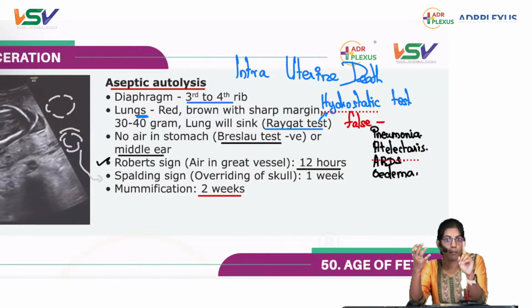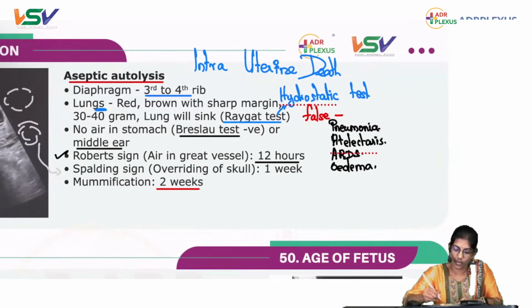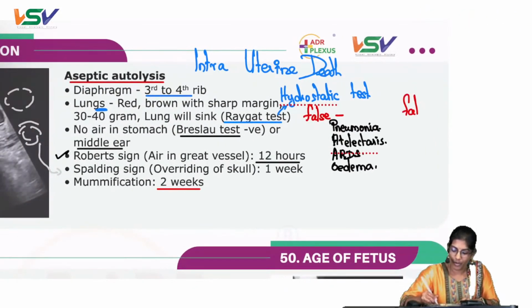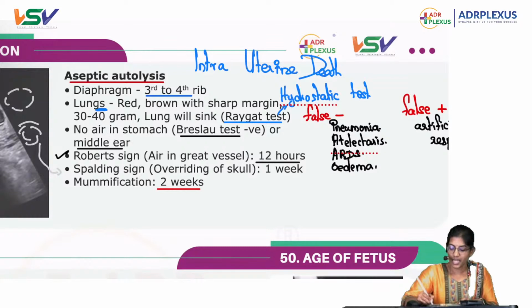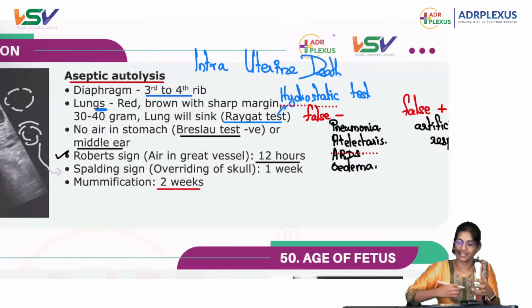But again, not all floating lung means that the child has respired. You can also get false positive. So when do you get false positive? You will get false positive when there is artificial respiration. The child was born dead, but then we pumped more and more air, that can produce it.